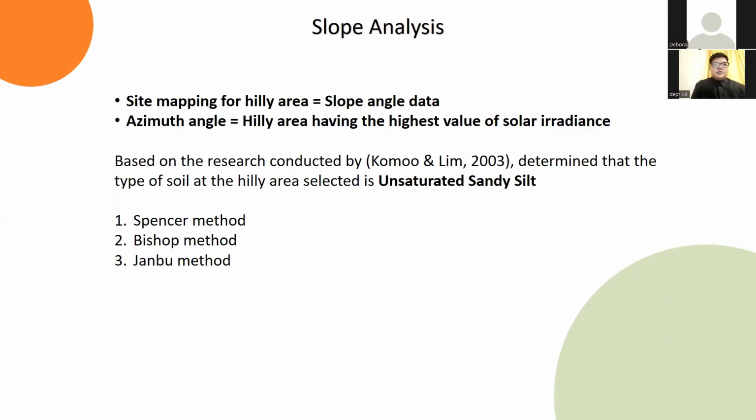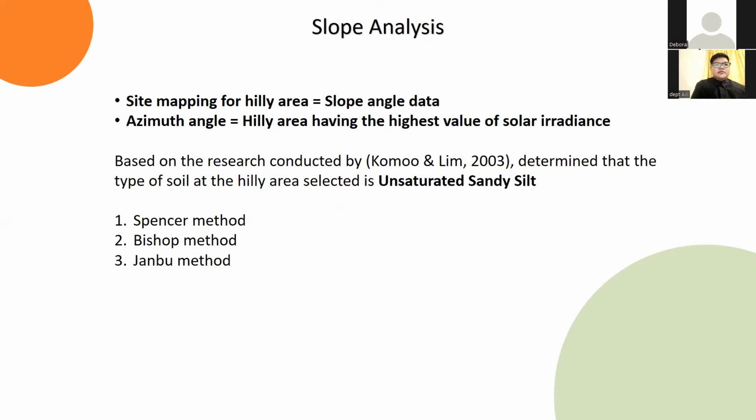Thank you. Now, before we proceed with the slope analysis result, here is some information that we extracted from the site mapping of the hilly area, which is slope angle data. And from the azimuth angle, we determined that the hilly area has the highest value of solar irradiance.